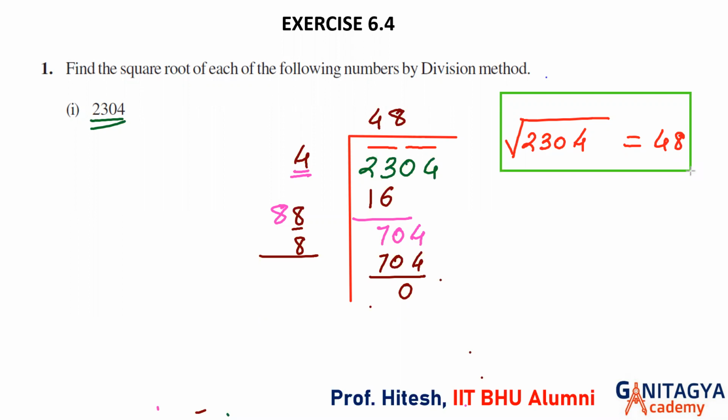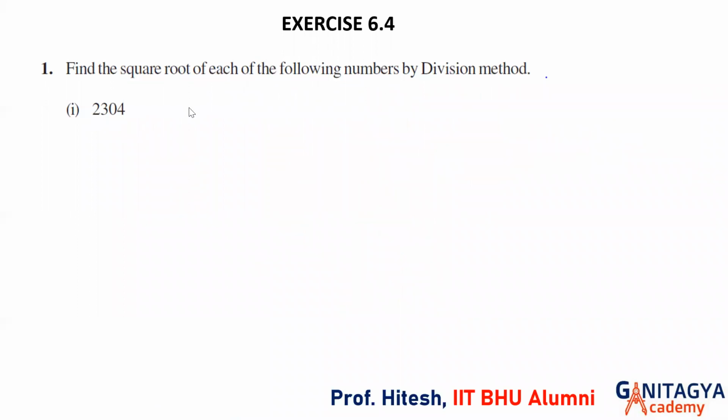So the next question is 4489. We will write 4489. Step number 1, we will prepare the pairs: 44 and 89.